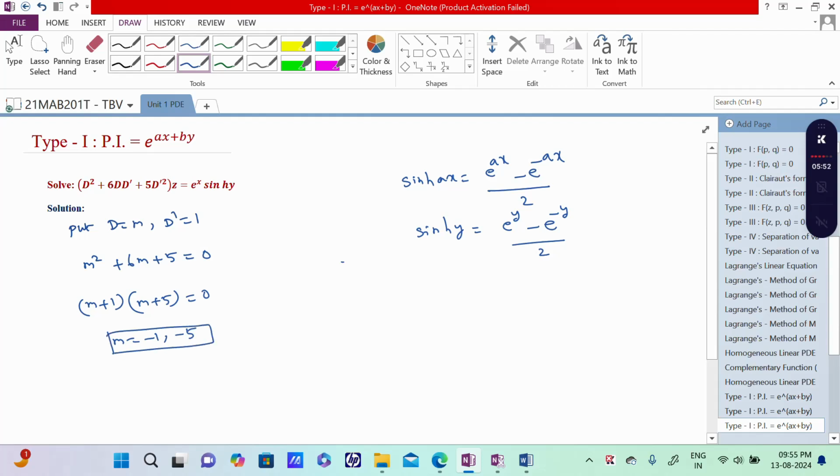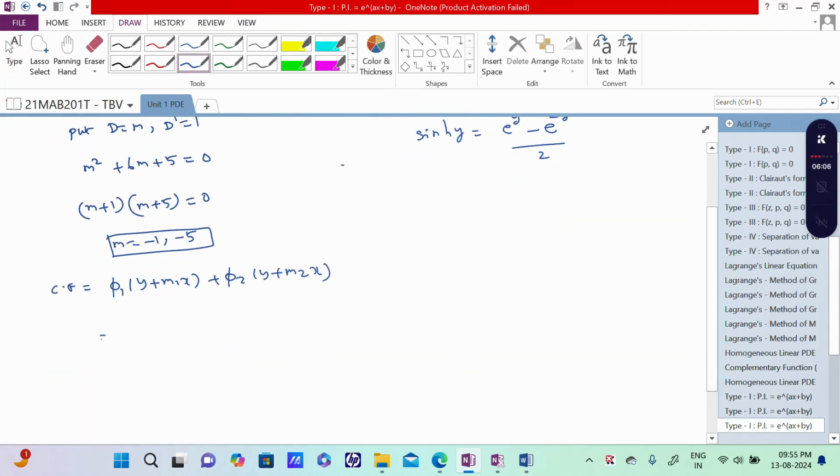The roots are different and distinct. Therefore, the complementary function is phi 1 of (y plus m1 x) plus phi 2 of (y plus m2 x), because the roots are different. That is phi 1 of (y minus x) plus phi 2 of (y minus 5x). So this is our complementary function.